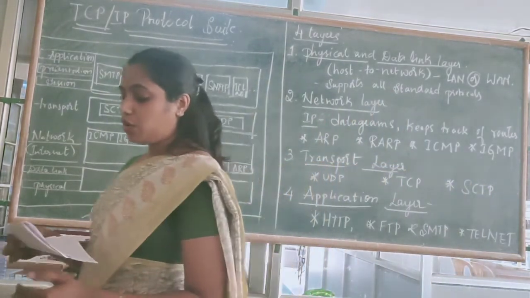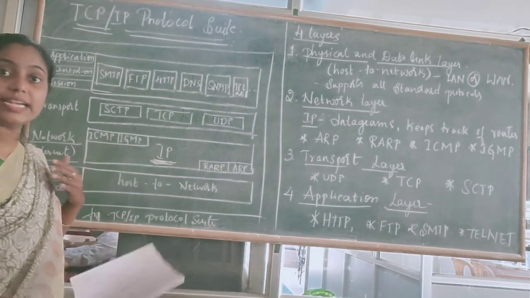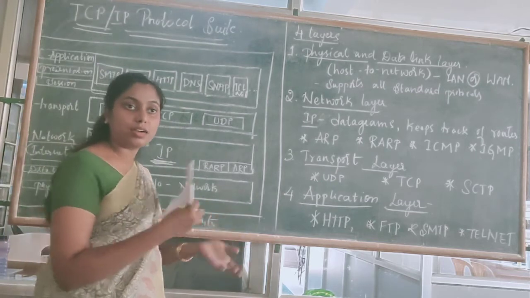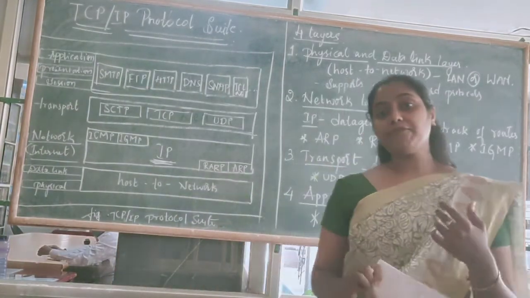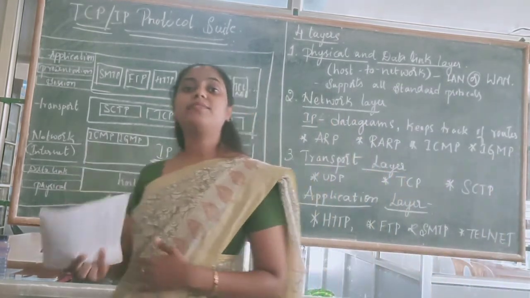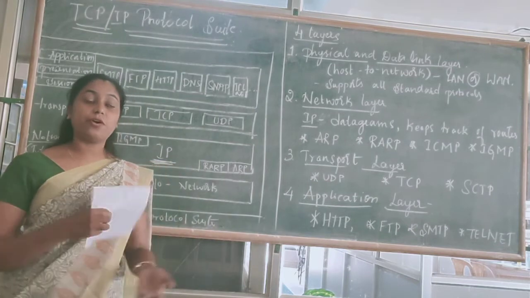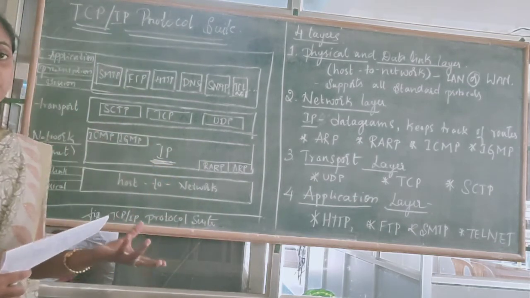Okay, so as we have seen in OSI model, the data will be transmitted in different forms at different levels. In the same way in TCP/IP protocol suite also, the data will be transformed into different forms.